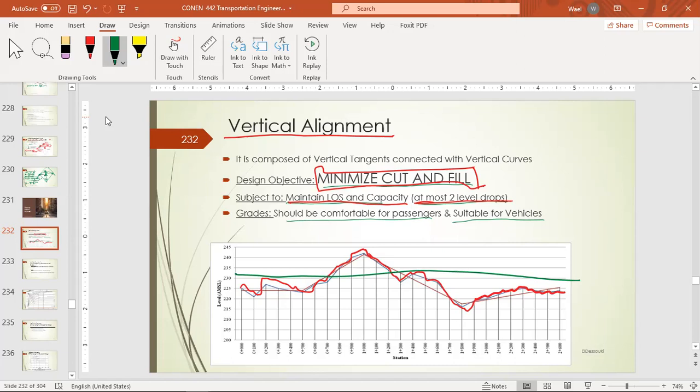Basically, what prohibits us from going with this option is the amount of fill that we are going to make here. So here, for example, that was a level of plus 232, and this point is at a level of 215. So the volume that we need to fill here is huge.